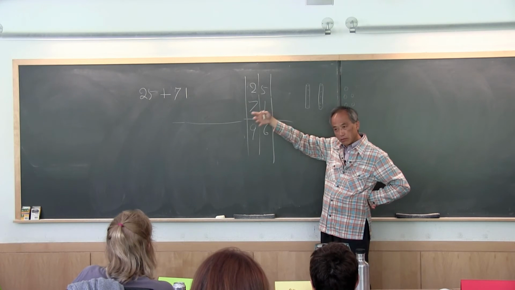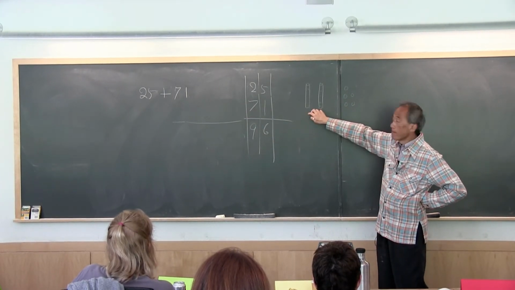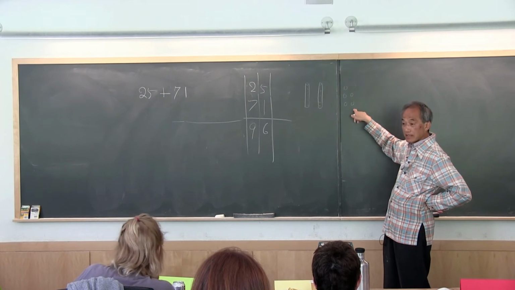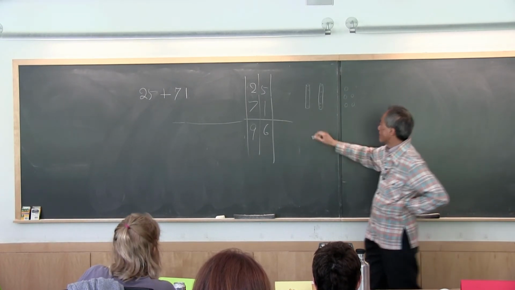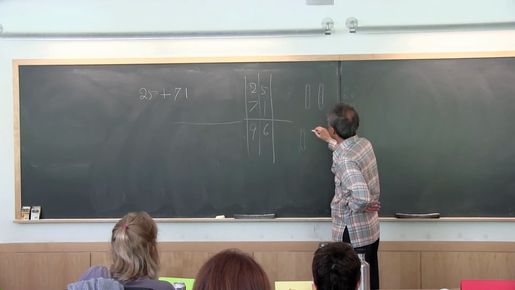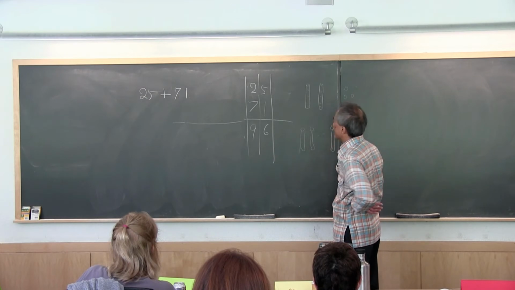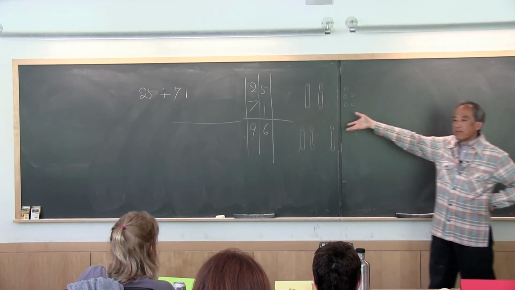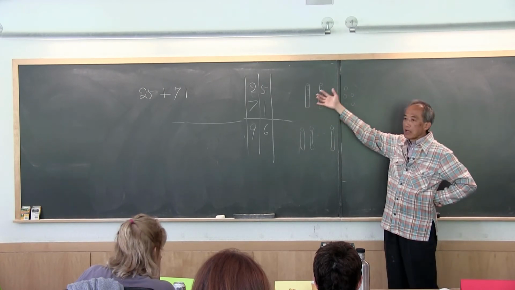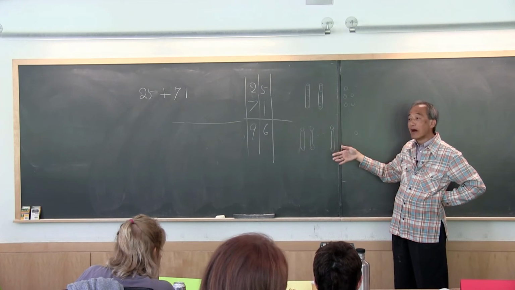You just explain it. And 5 would be, oh, I don't mind using 7, so you have 7 bundles, and then 1 extra. If those 2 collections of counters come like that, then how would they come?